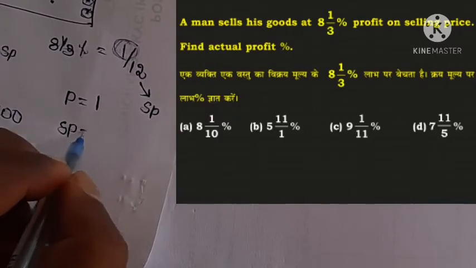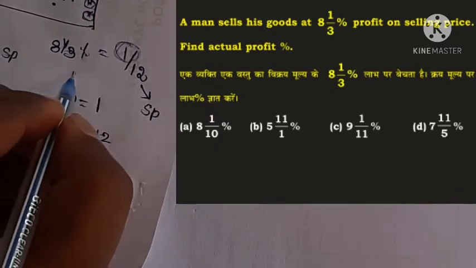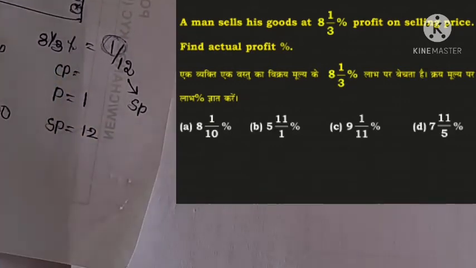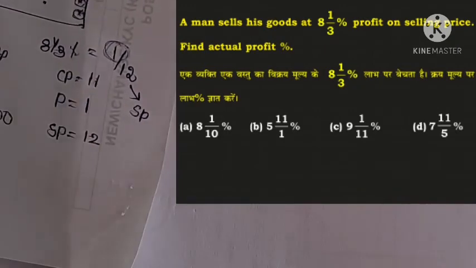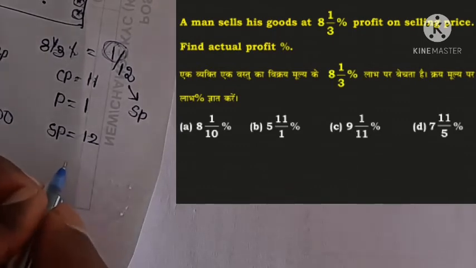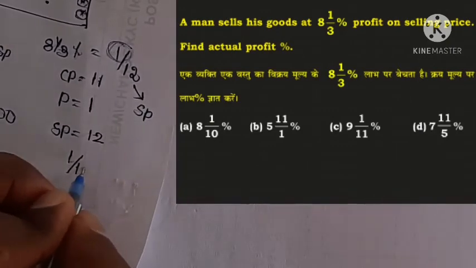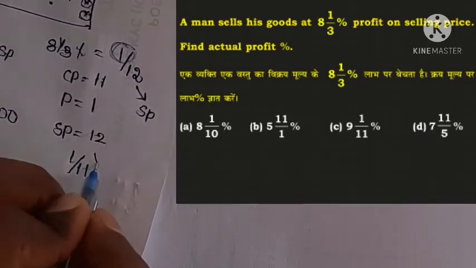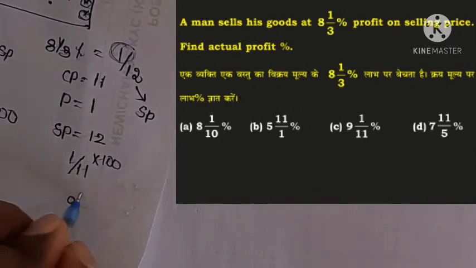So here selling price is equal to 12. So what is the cost price? The cost price is equal to SP minus profit. That value is 11. So find profit percentage. So profit percentage is equal to profit by cost price into 100.